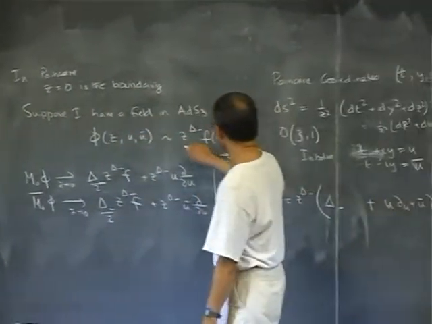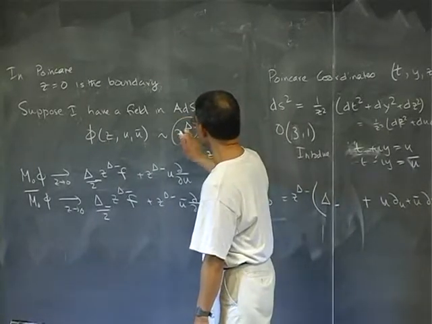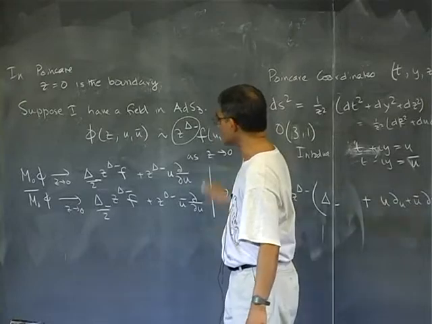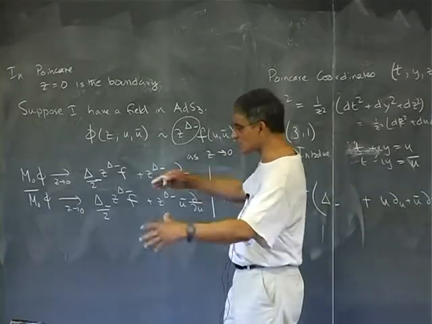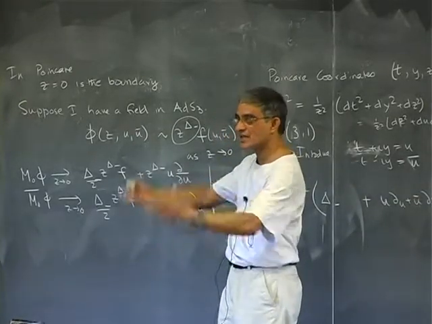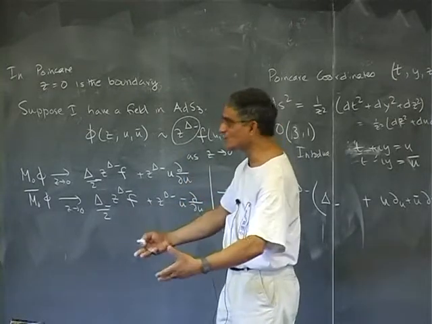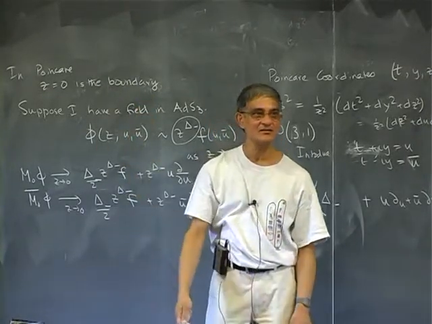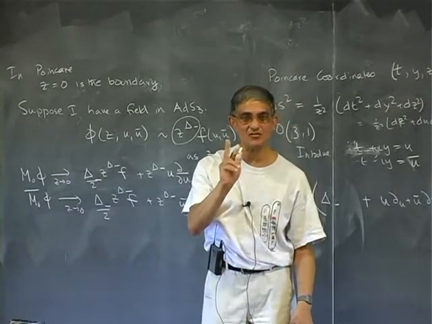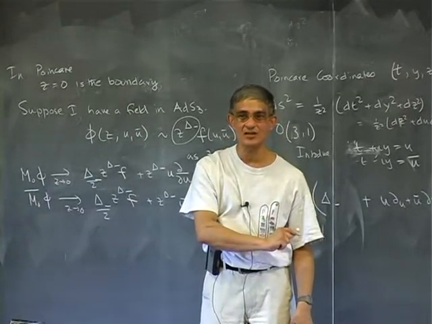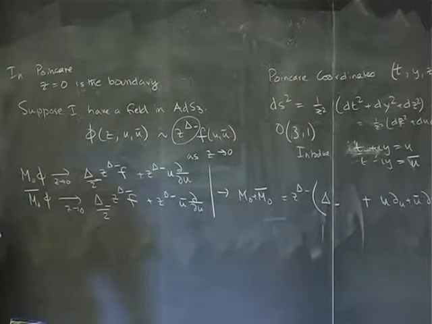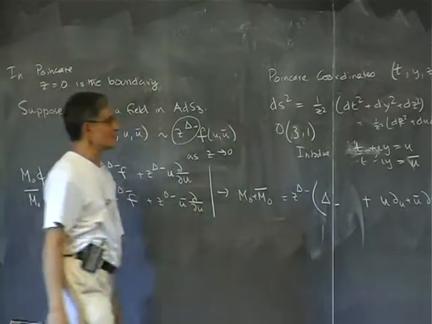This seems to suggest that once I take out this factor z to the delta minus, I get a function, and the way the symmetries of this AdS space act on that field is exactly like two-dimensional conformal transformations of a field of conformal dimensions h plus h bar.